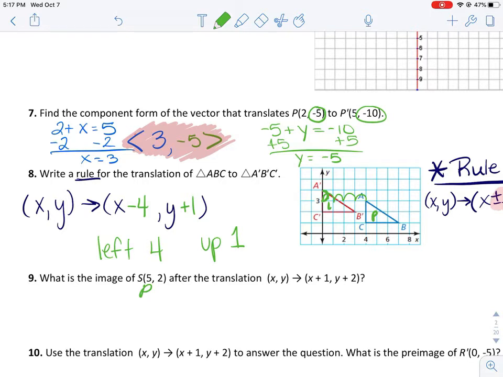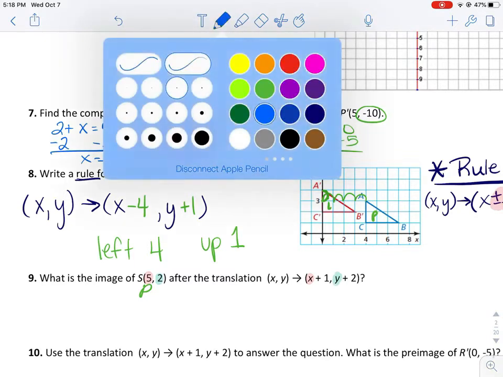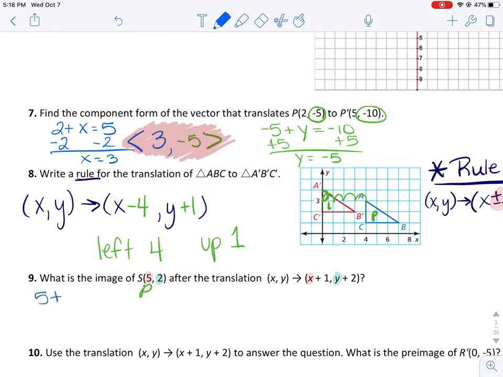So I'm literally going to take my ordered pair, and I'm going to plug this 5 in right there in my rule form to find the new x-coordinate of the image. And then I'm going to do it again, but with my y. I'm going to plug my original y-coordinate from my pre-image into the rule form to find the y-coordinate of the image. So we'll have 5 plus 1, comma, 2 plus 2.